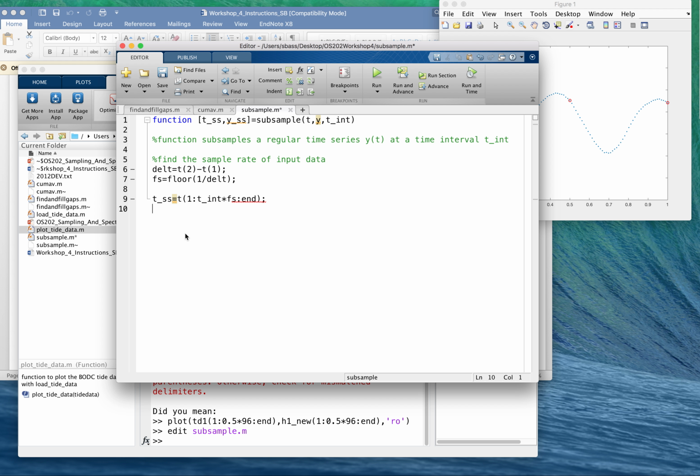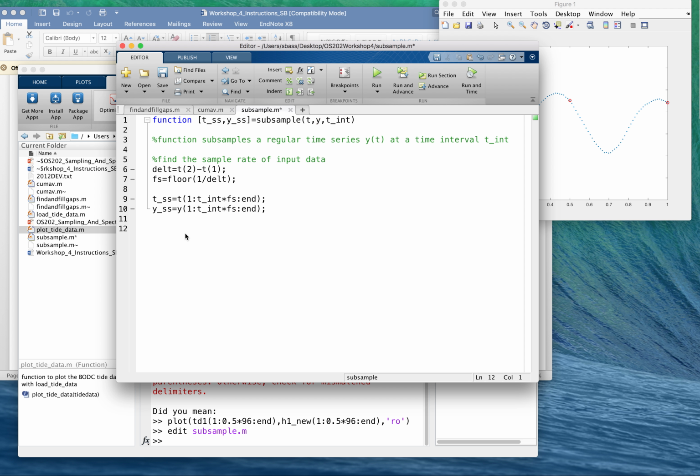And then we do the same thing for our y variable, from 1, and then we skip over t int times fs up to the end.